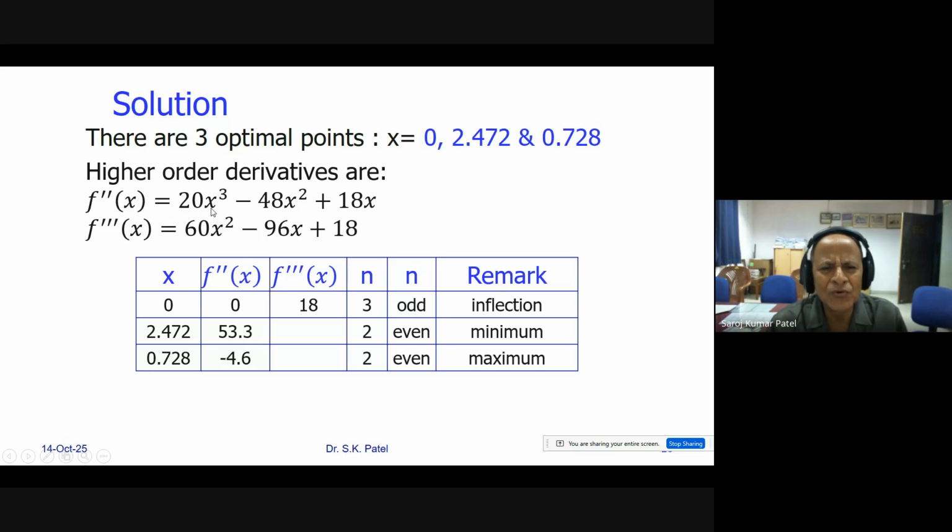So 20 into 2.472 to the power 3 minus 48 into 2.472 to the power 2 plus 18 into 2.472. And check whether you are getting 53.3 or not.